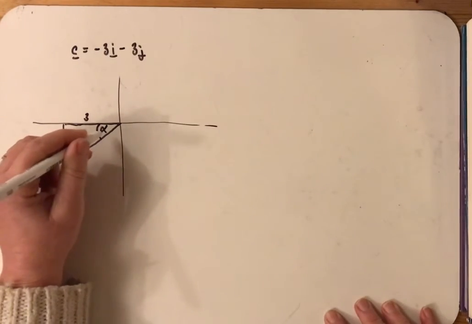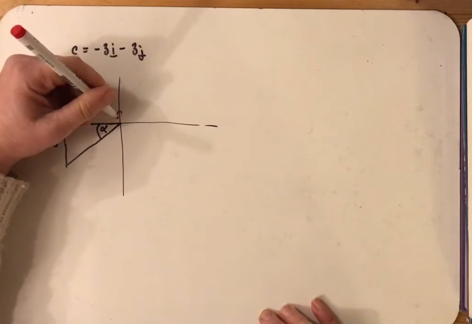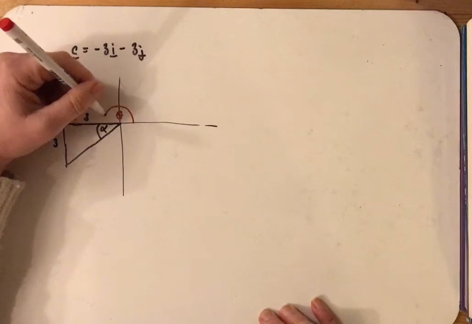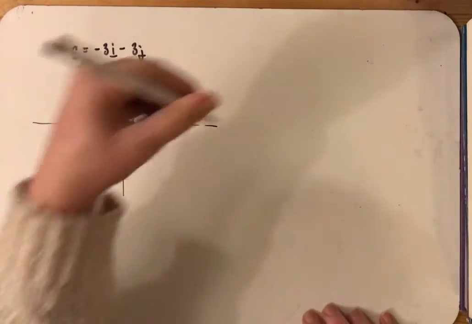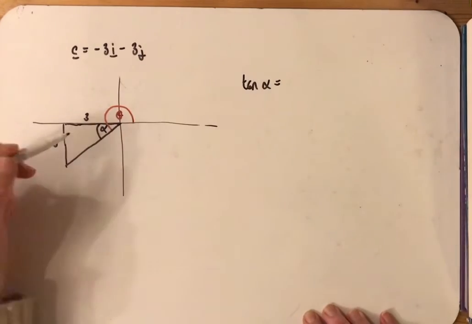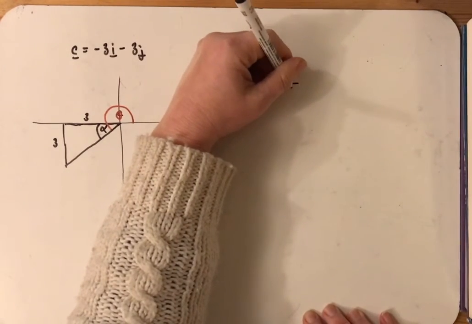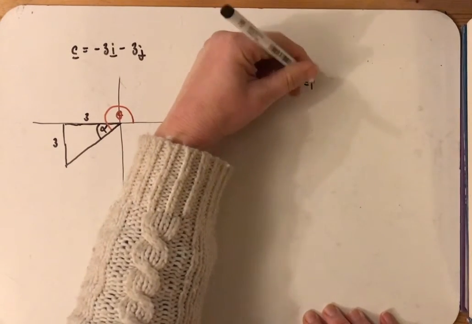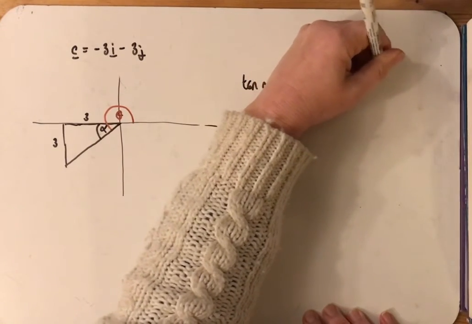So there's alpha, but I am actually looking for theta, which is the angle right the way around from the positive x-axis. So tan alpha is equal to 3 over 3, which is 1. So we're just using trig with lengths to find alpha.